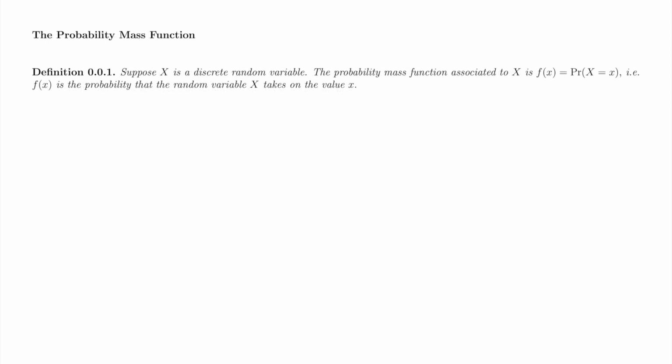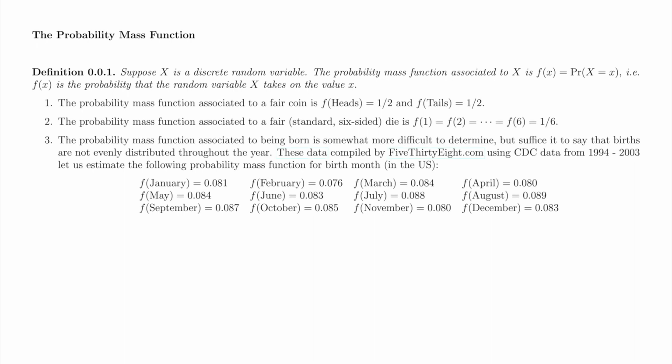We haven't actually talked about probability yet, so let's do that now. We associate a probability mass function to each discrete random variable. The probability mass function tells us the probability that a random variable takes on a particular value. Continuing our examples, here are the probability mass functions associated to the coin, the die, and birth month.